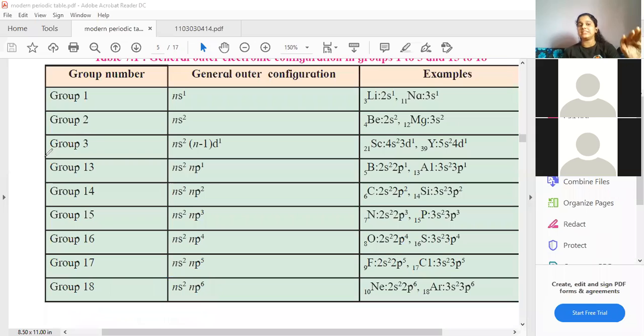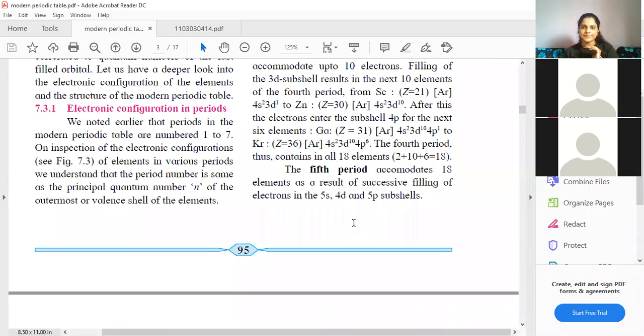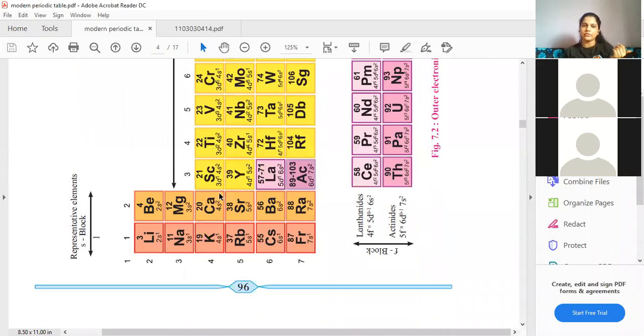Now let's come to this d block, the group 3 that they have written over here. For this, I would like to show you the periodic table we discussed last time. Where does your d block start? From period 4.